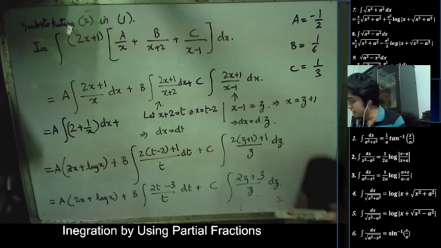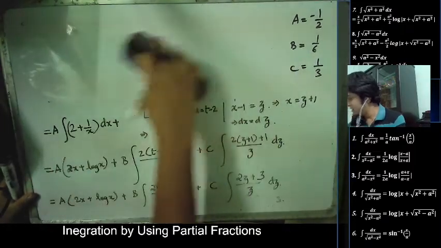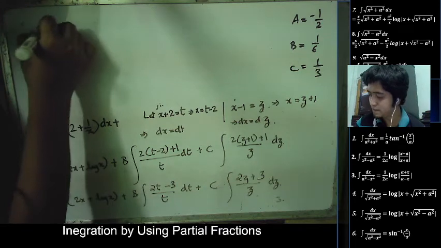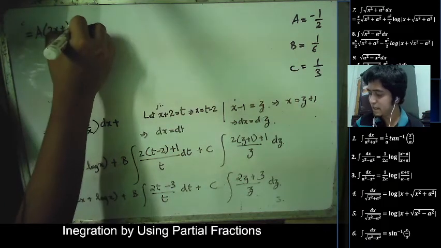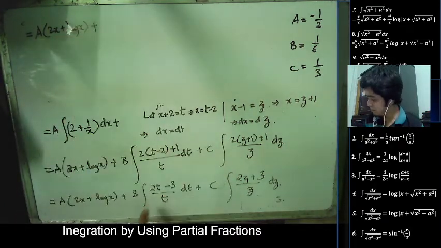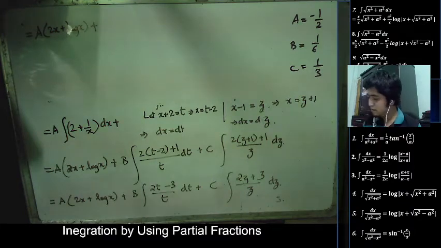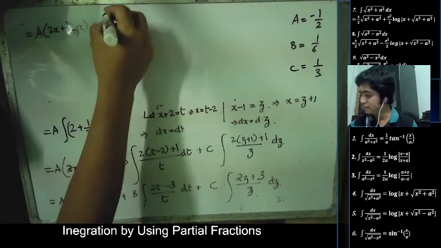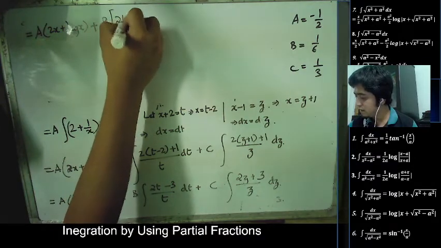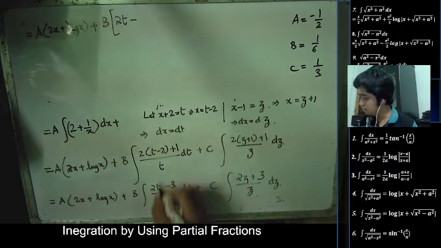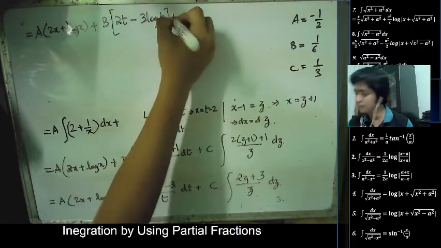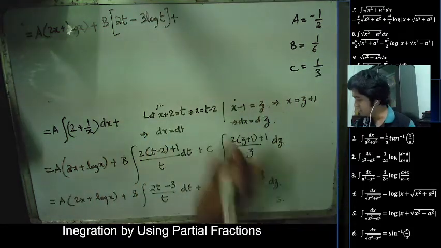Now we can do the integration easily. I will skip a few steps and write down the answer directly. So over here will be b. Split this integral, you will be having 2t minus 3 log t. I'm skipping one line, I hope that you can fill it.